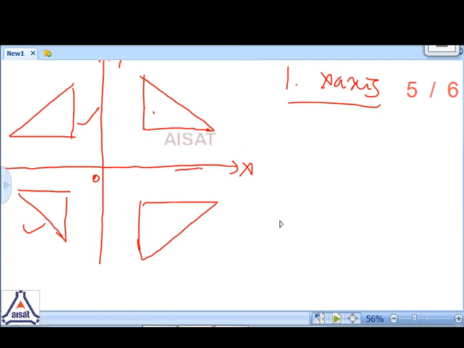Okay, then please look at the figure. I am going to note the coordinates 1, 1, 2, 1, and 1, 2. Please look at the figure. In this figure, after the reflection about x-axis, there is no change in the x value of this object.